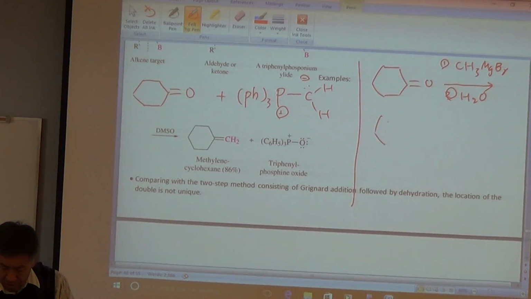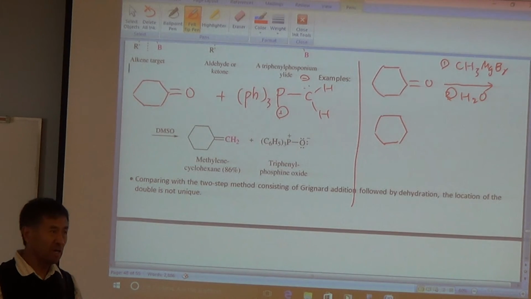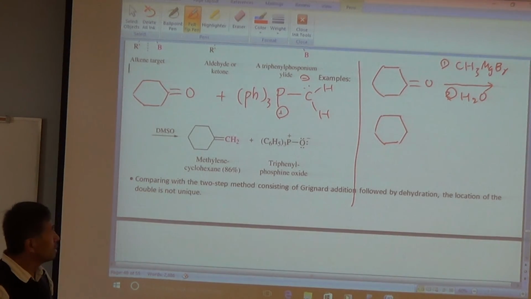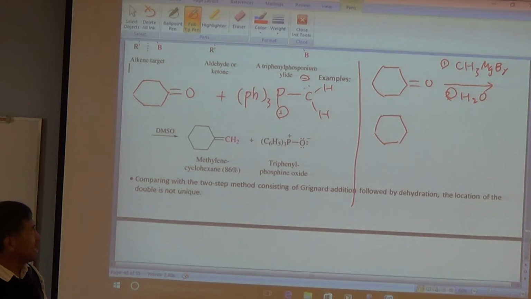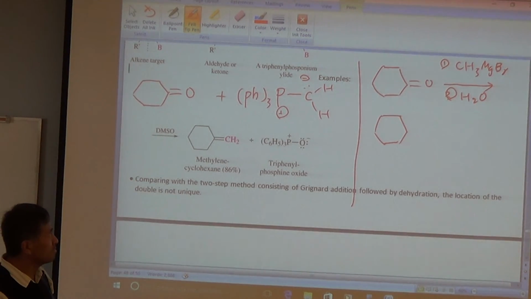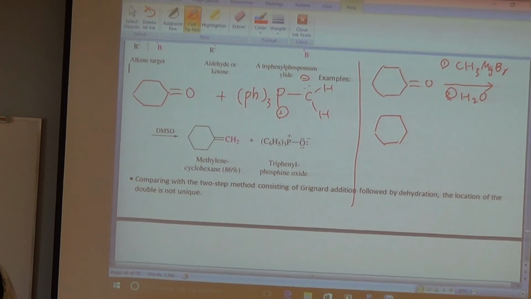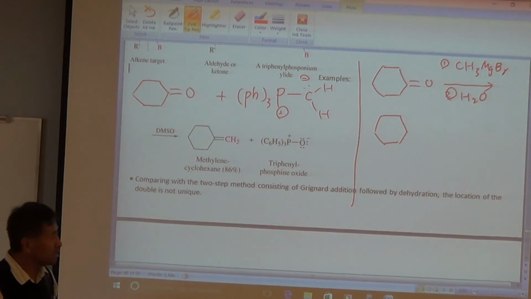Anybody remember these two steps will produce what kind of product? If you are adding CH3MgBr, the CH3 will attack what part of the molecule?